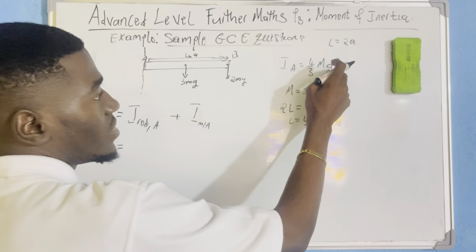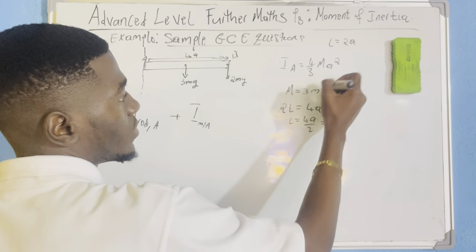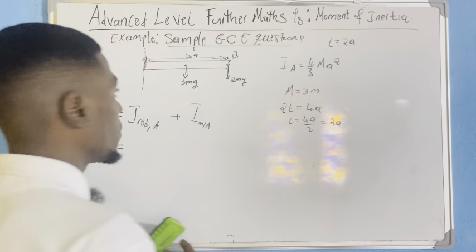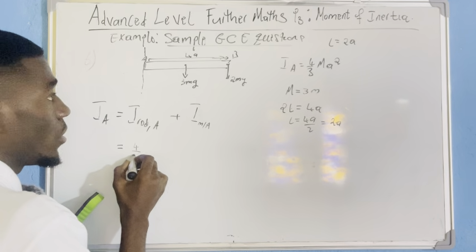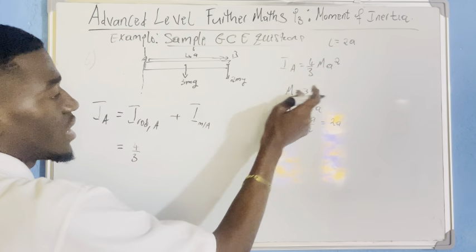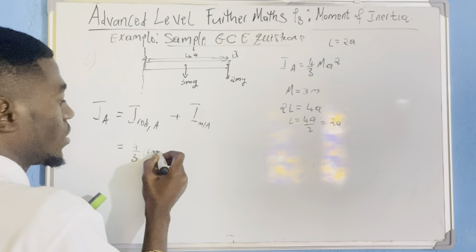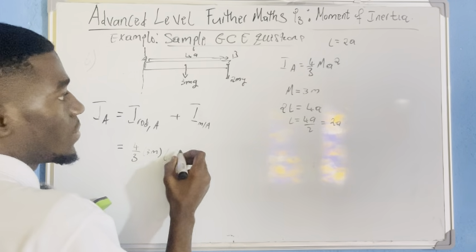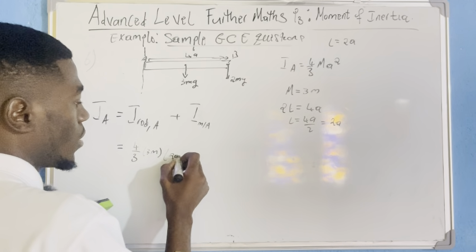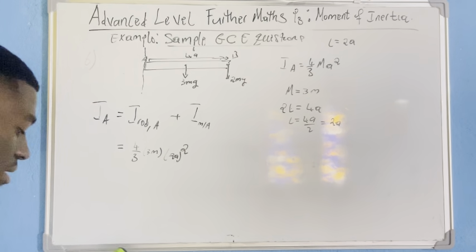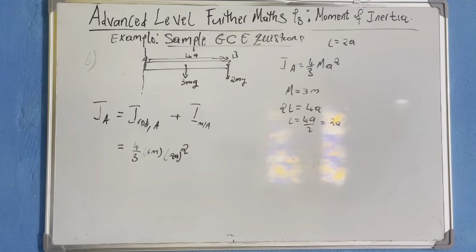It means the length to place here is 2a. So the moment of inertia will be 4 over 3, putting 3m for big M, and 2a for a, all squared. That is the moment of inertia of the rod about its end.